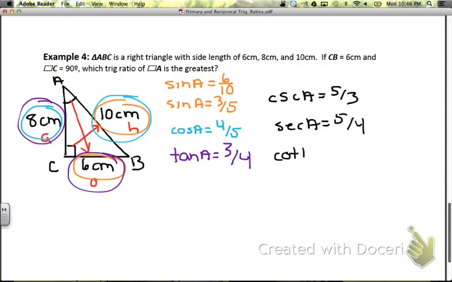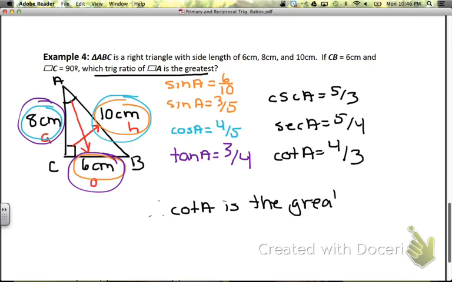And cotangent A, flip our tan A, so this will be equal to 4/3. Now the question was asking which trig ratio is the greatest, so therefore cotangent A is the greatest. This is just looking to compare all of our different ratios and getting familiar with our primary and our reciprocal.